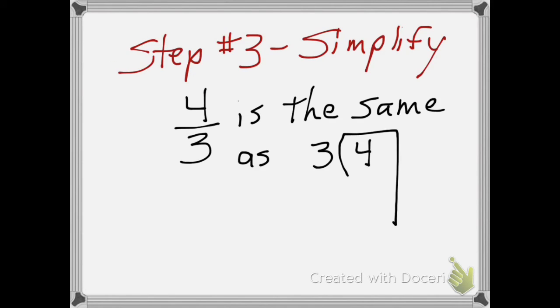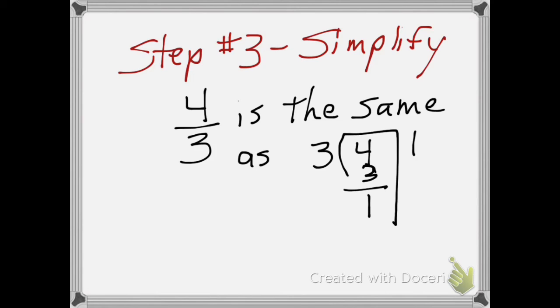Now that we simplify, 4 over 3 is the same as 4 divided by 3. So we're going to take care of this one now. 3 will go into 4 one time. Which means 4 minus 3, we're left with 1.